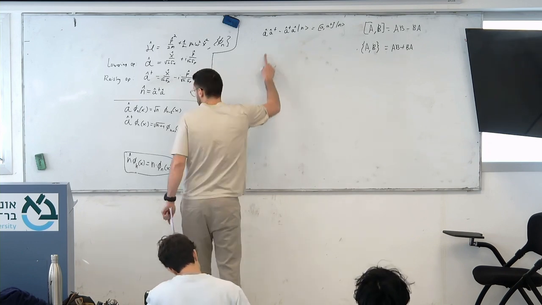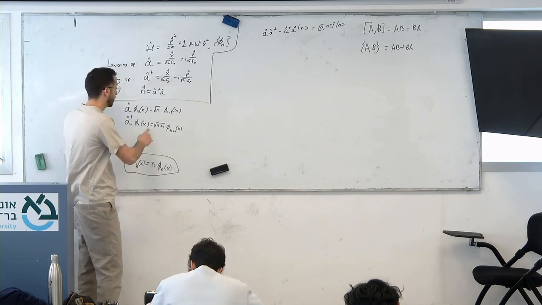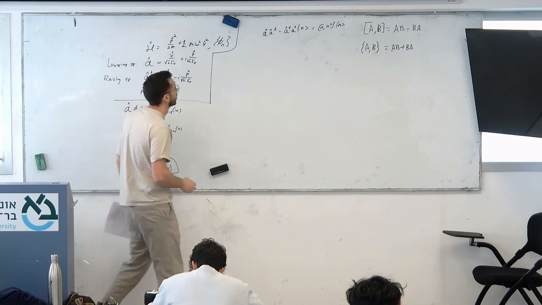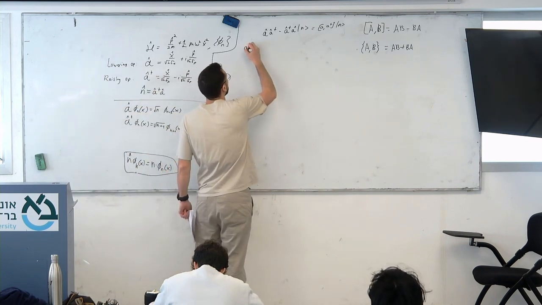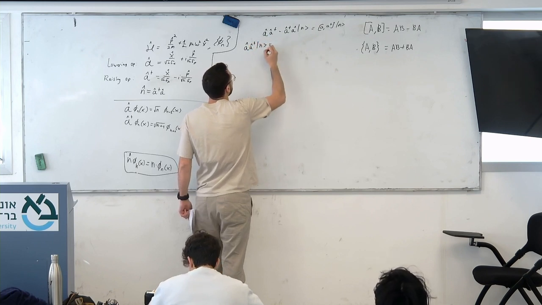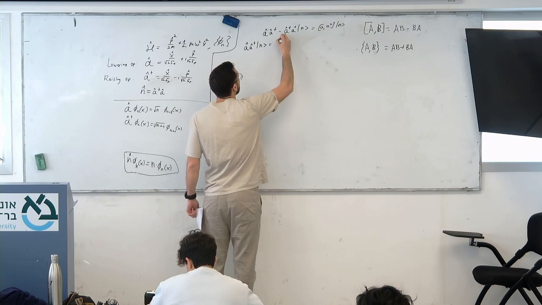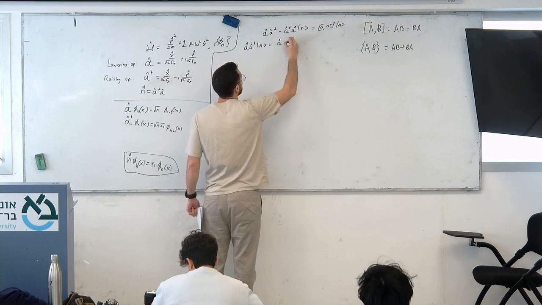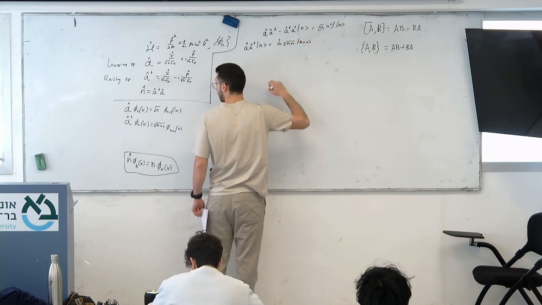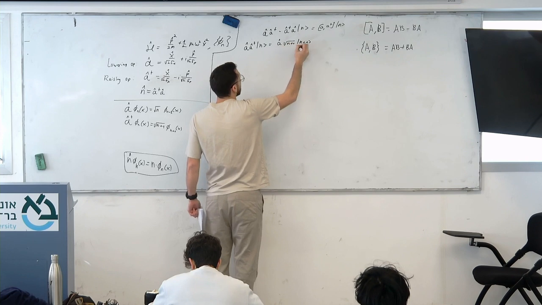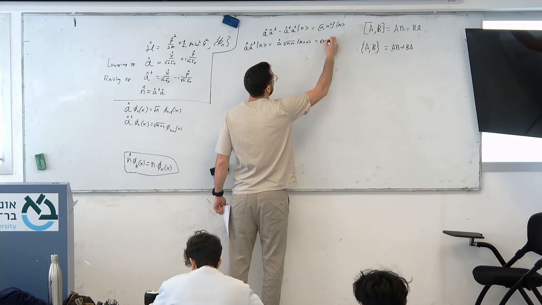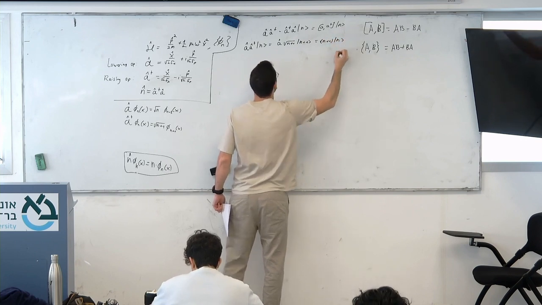We can solve it using these relations and get that a dagger on n is equal to square root of n plus 1 times the state n plus 1. This is equal to n plus 1 n.